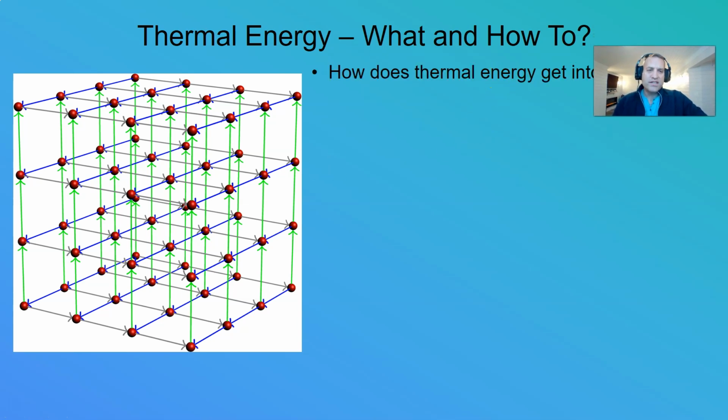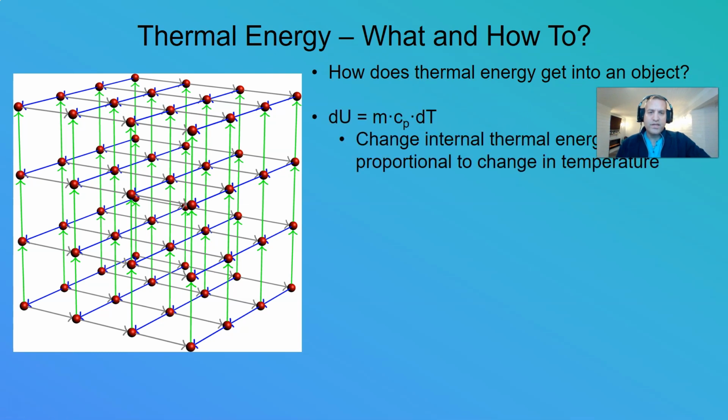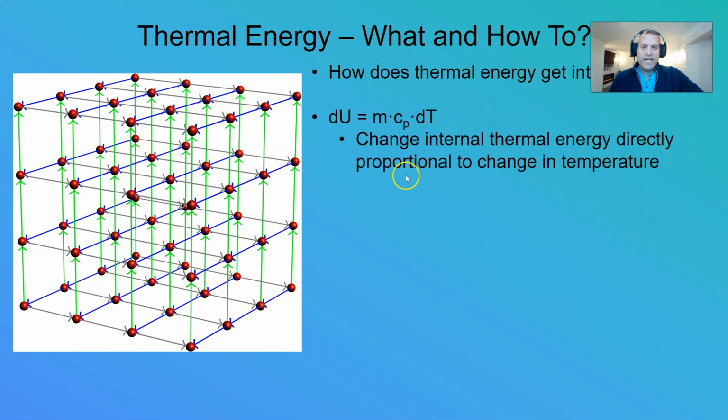So how does thermal energy get into an object? Let's look at the equation for thermal energy here. This is dU, the change in thermal energy of an object, which is equal to the mass of the object times the thermal capacity of the object, which is its efficiency at holding energy, times the change in temperature.